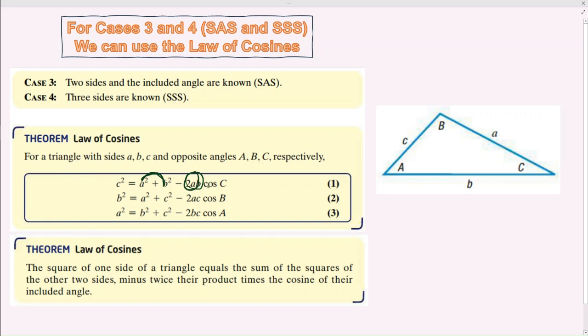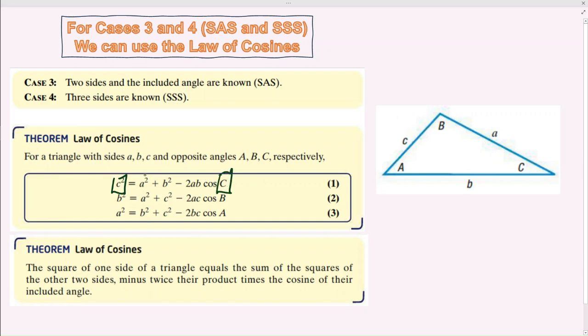And then the only thing to remember after that is to multiply that by the cosine of the angle that corresponds to the opposite of the side C. Okay, so C is going to be on the extremes.